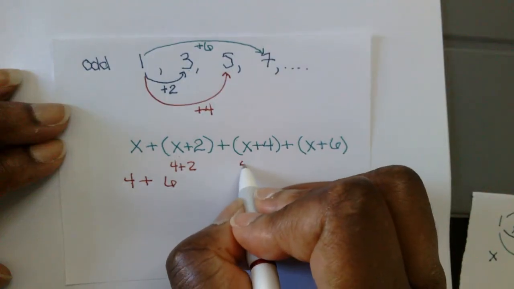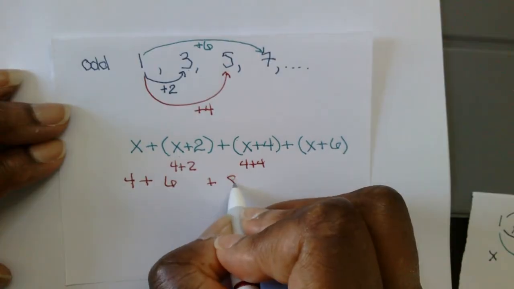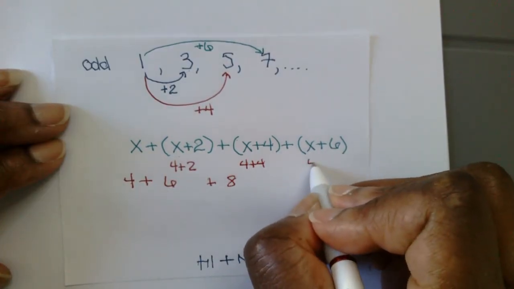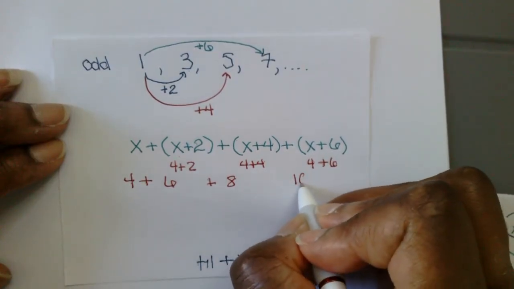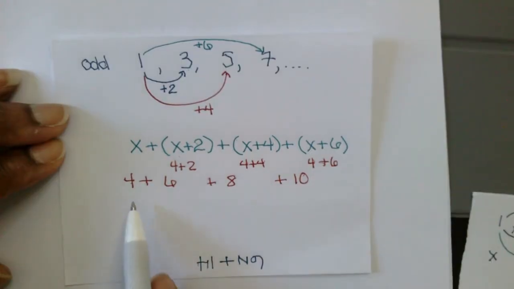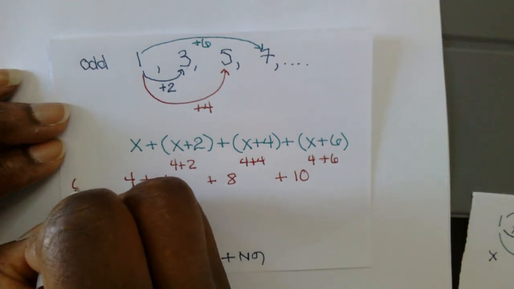If I plug the 4 into this x, 4 plus 4 gives me 8. And if I plug a 4 into this x, 4 plus 6 gives me 10. Look at the numbers: 4, 6, 8, 10. Aren't those consecutive even numbers?